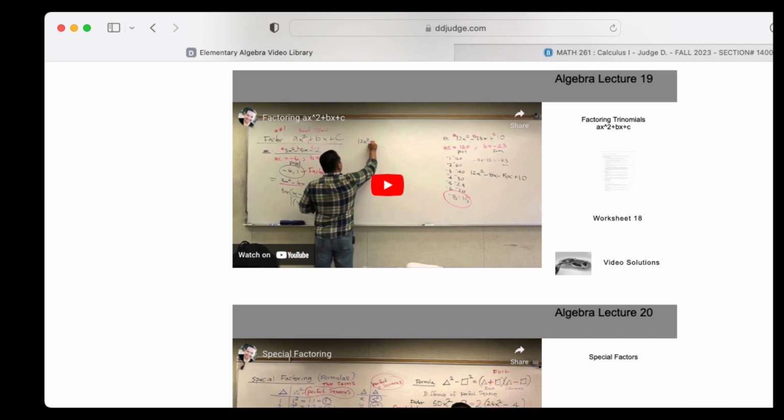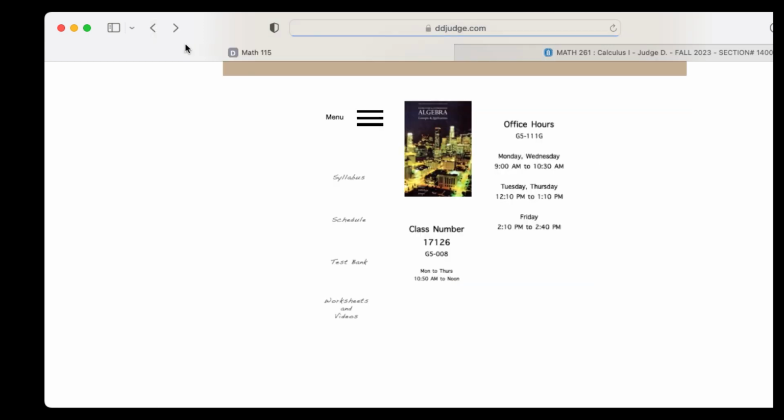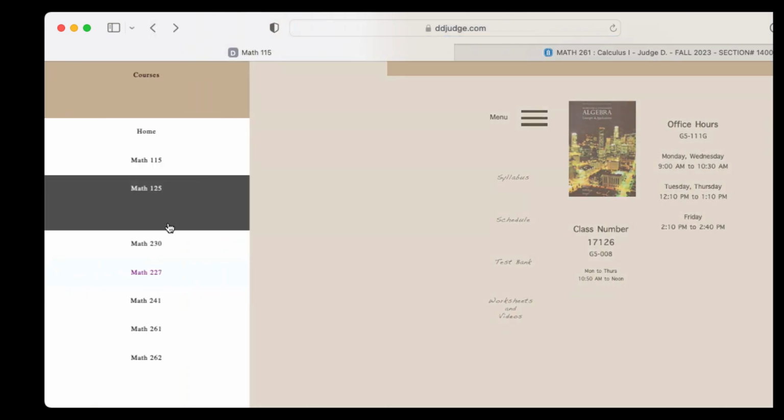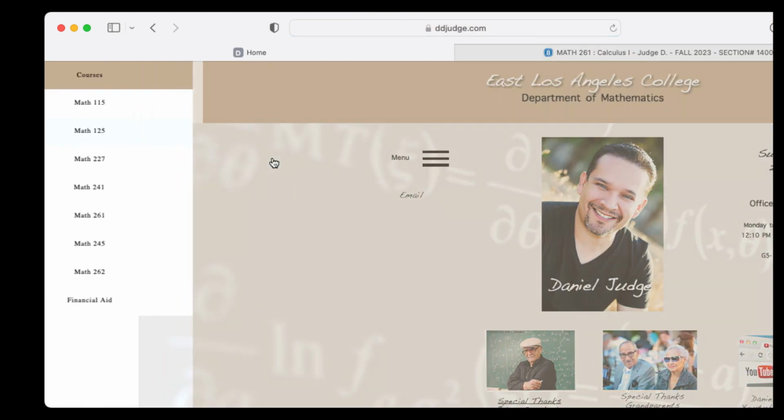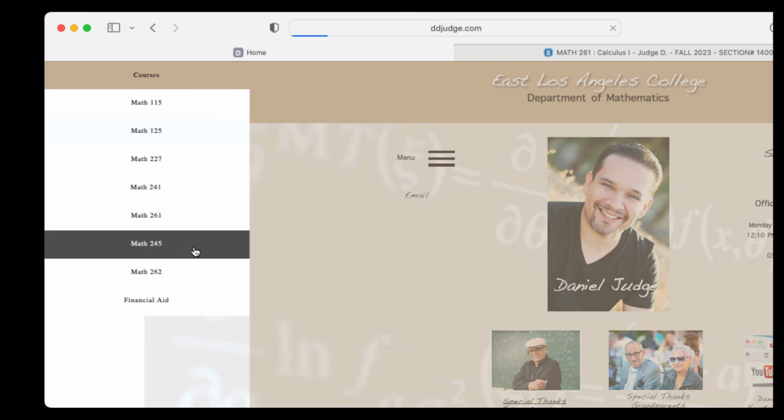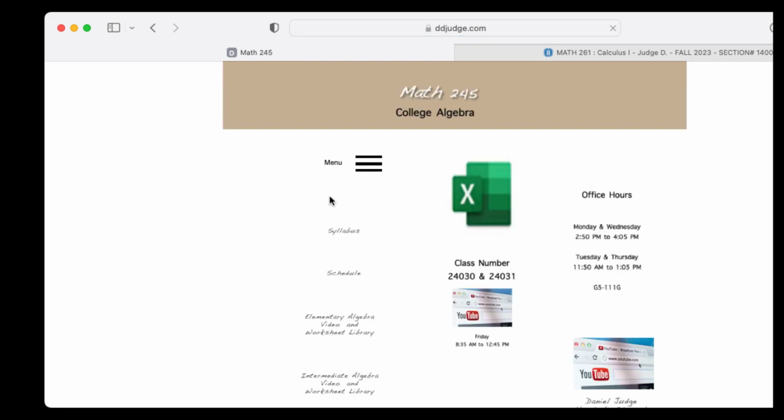I'll even put that here. You go, Mr. Judge, I got to review my factoring. And then I even think, let me double check, because I remember I might have done 245 somewhere. Darn it. There's factoring even in 245. Let me see if I did some of those.